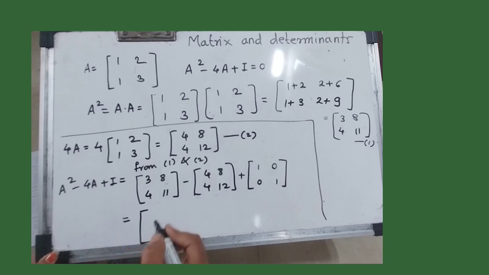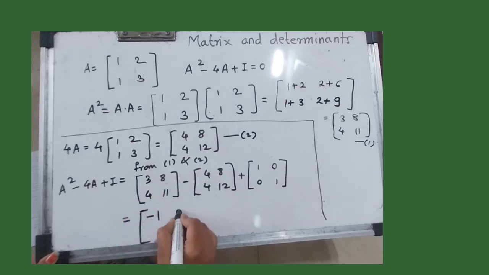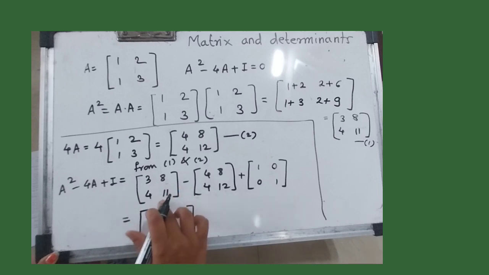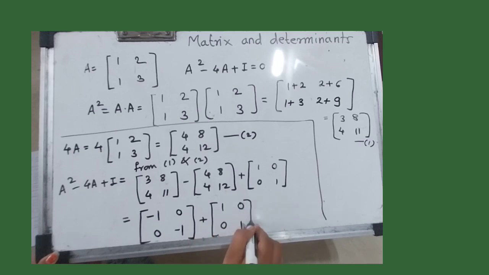See what the answer is. 3 minus 4 is minus 1. 8 minus 8 is 0. 4 minus 4 is 0. 11 minus 12 is minus 1. And this is 1, 0, 0, 1. Now take the addition.